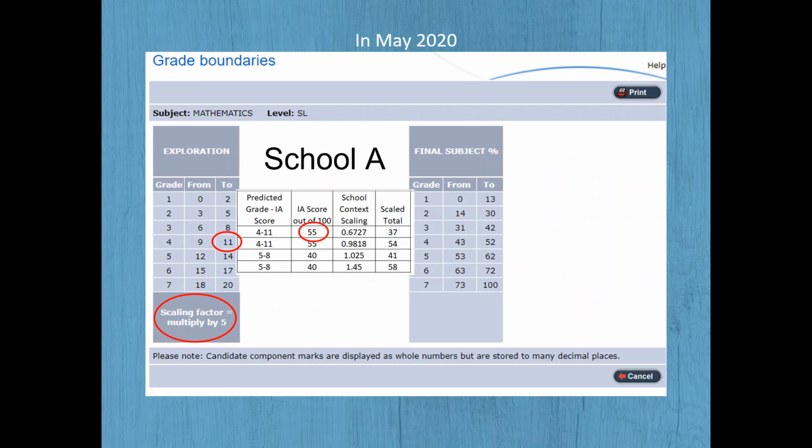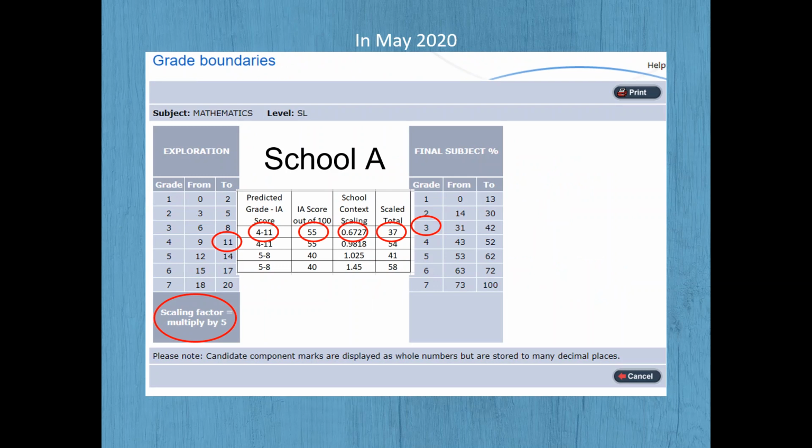That will lead to an internal assessment scaled score of 55. You notice the predicted grade is a 4, the IA score is 11. That school scaling factor is going to be 0.6727. That will lead to a 37 out of 100, and that is a 3.